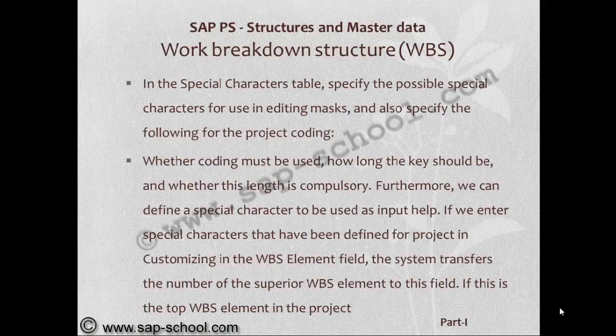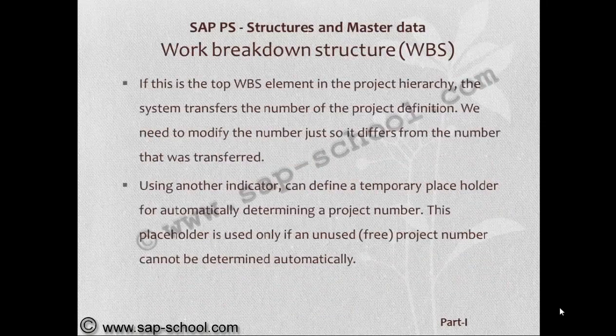If we enter the special characters that have been defined for the project in customizing in a WBS element field, the system transfers the number of the superior WBS element to this field. That means the separator special character will also define how many superior WBS elements are available to a particular WBS element.